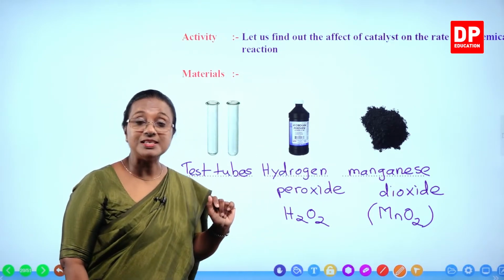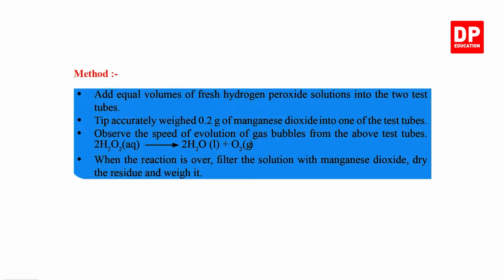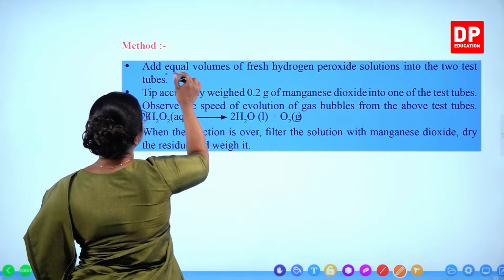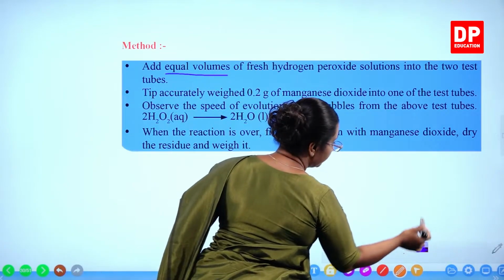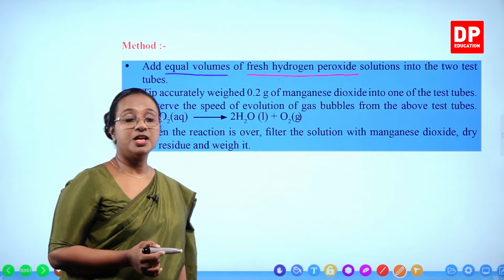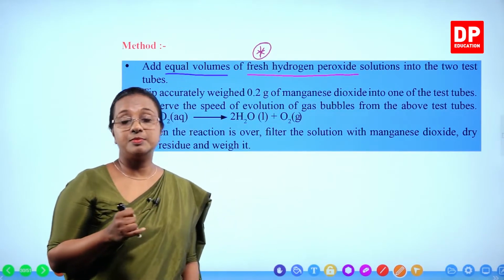We look at the procedure again and then we will do the activity. So the method, you all can see here, students. Add equal volumes, that's important, equal volumes of fresh hydrogen peroxide solution. Now this is important, students. Why do we need to take fresh hydrogen peroxide?